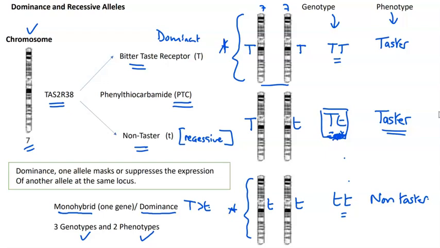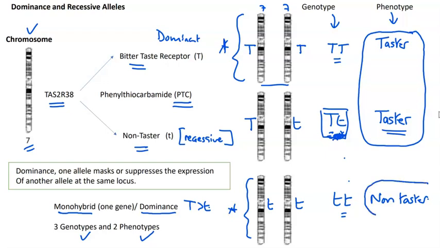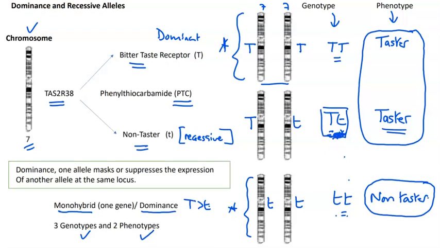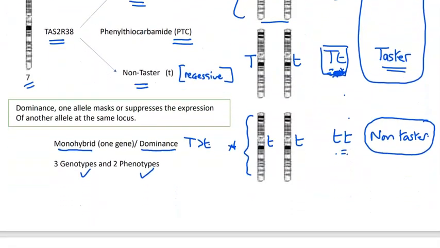And so within the population, phenotypically, the group of people who are tasters could be homozygous dominant, or they could be heterozygous. Those who are non-tasters are definitely homozygous recessive, little t, little t. So this is an example of monohybrid genetics with complete dominance.